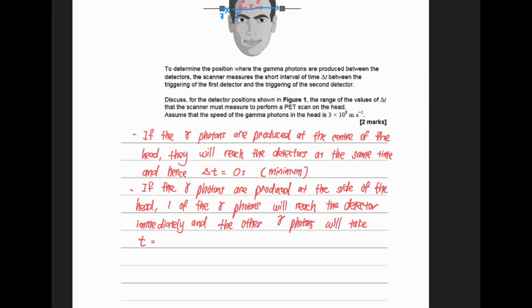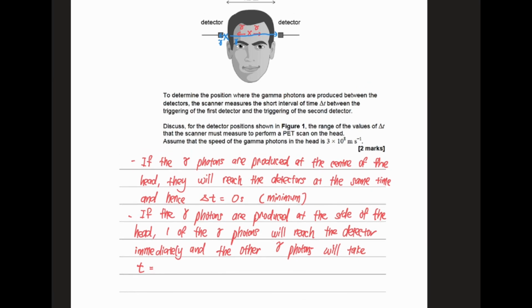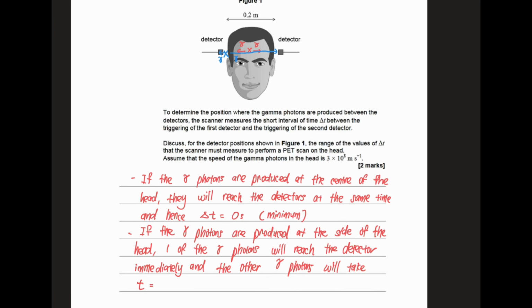t equal to, okay, so we know that time is basically distance over speed, so I'm using that, distance over speed. I'm talking about the time span for the gamma, which travels all the way by 0.2 meter, as you can see over here, 0.2 meter. So the gamma photon is traveling by 0.2 meter to the other side of the detector, and this is the speed. So I have distance divided by the speed.